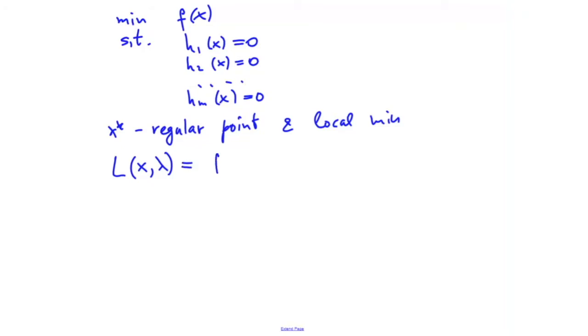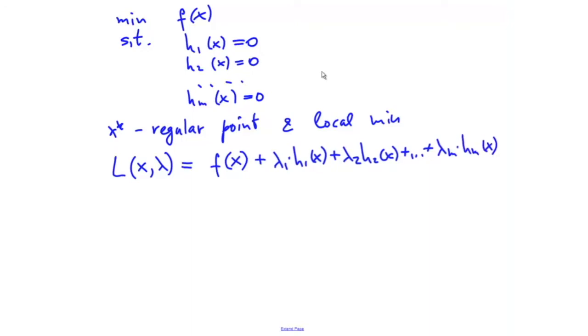First, we have the original objective function f of x, and then we add the functions in the constraints with the corresponding penalty multipliers lambda 1 through lambda m. So we'll have lambda 1 times h1 of x plus lambda 2 times h2 of x, and so on, lambda m times hm of x.